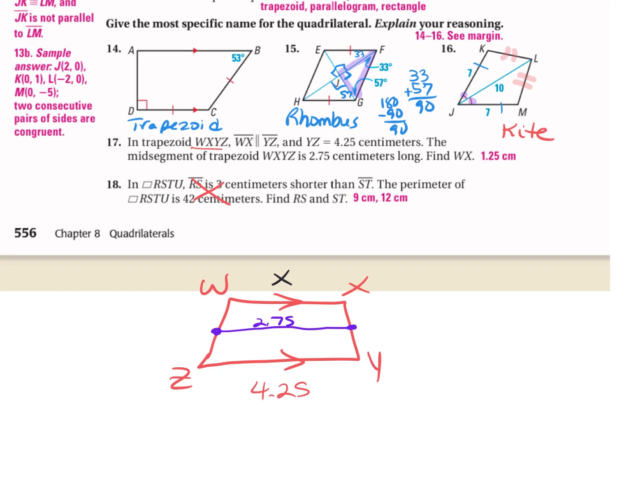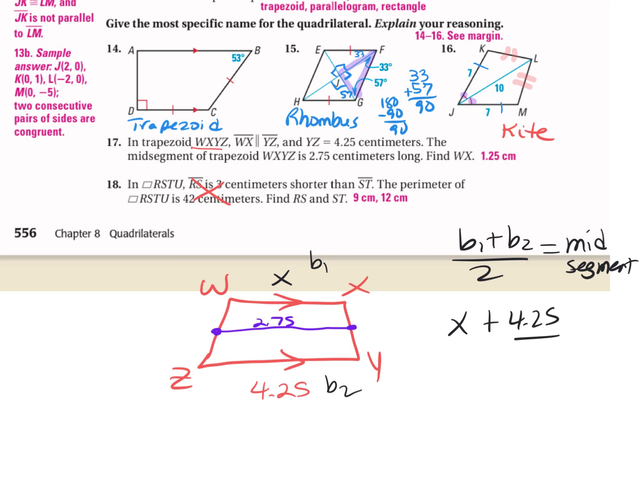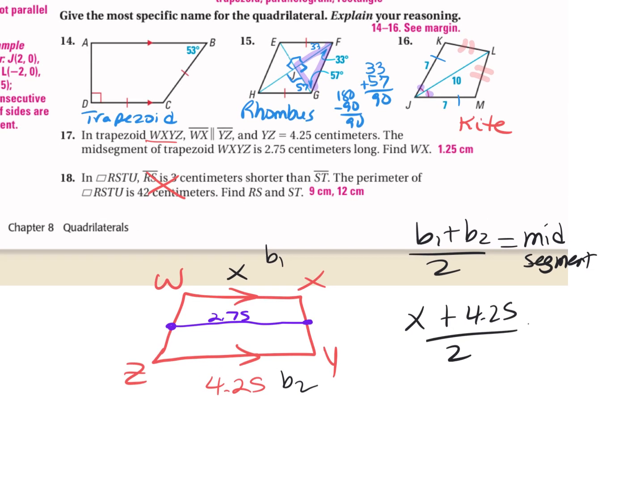So remember, what we're going to do here is we add the two bases. It was base 1 plus base 2, divide by 2, and that gives us the mid-segment. So I could just do x plus 4.25, divide by 2, equals 2.75.